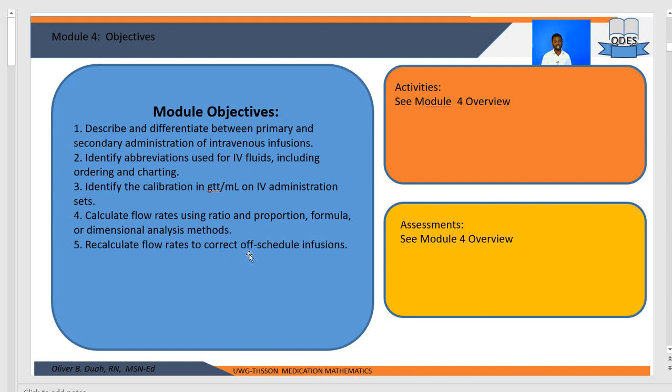Then recalculate flow rate to correct off-schedule infusions. So if you have a time and a volume, or a time and a rate, you should be able to recalculate the volume and rate, vice versa.